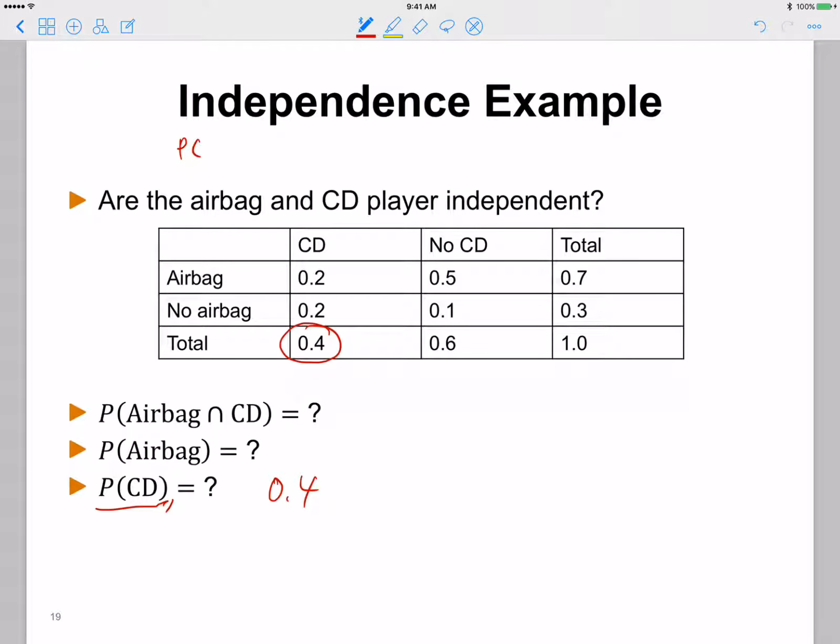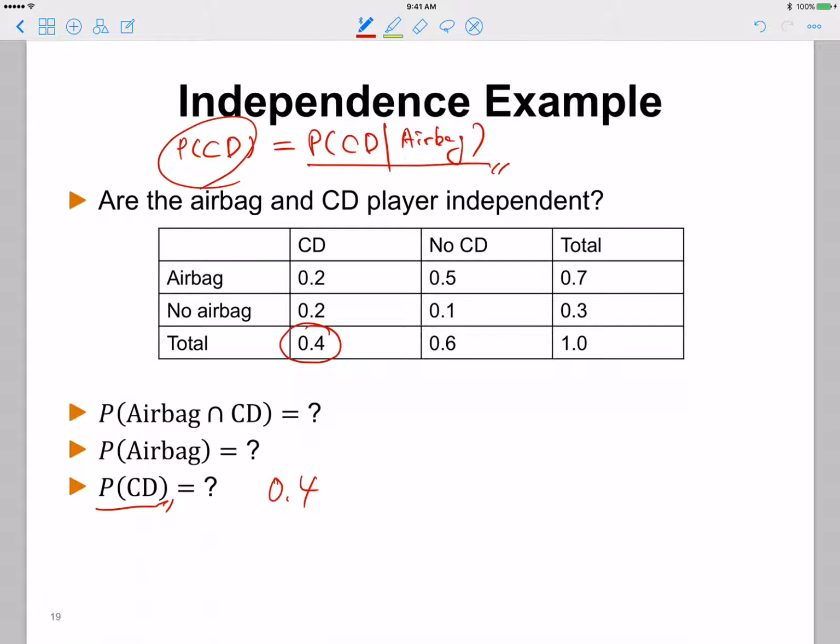So without knowing any other information, just purely randomly choosing a used car, 40% of them will have a CD player. And if having a CD player and having an airbag are independent, then this should be this, and so we obtained this already.